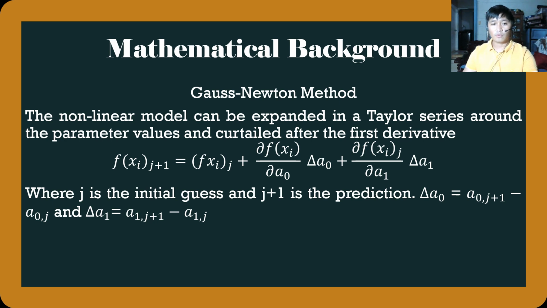So we have this formula for delta a sub 0, which is equal to a sub 0 at j plus 1 minus a sub 0 at j. And for delta a sub 1, it is equal to a sub 1 at j plus 1 minus a sub 1 at j.